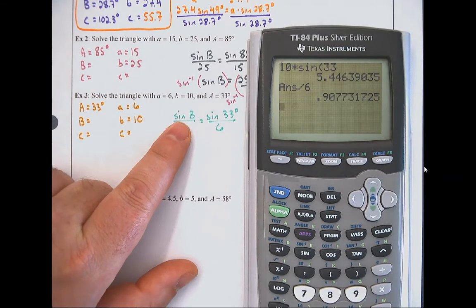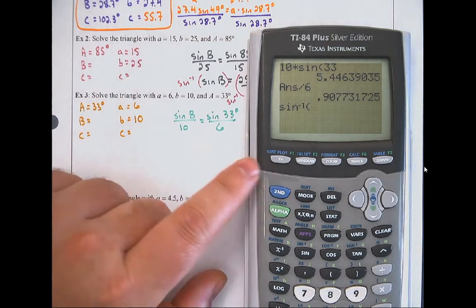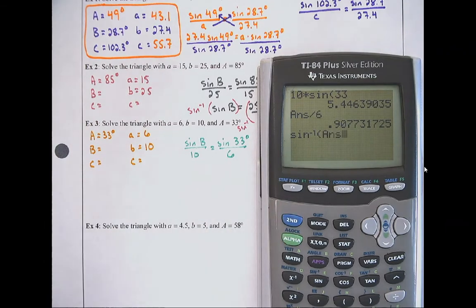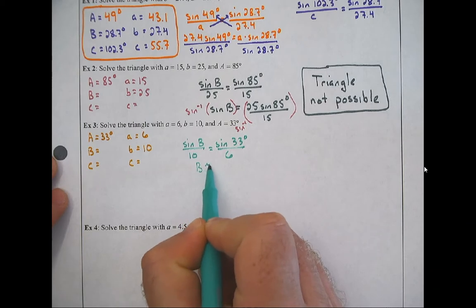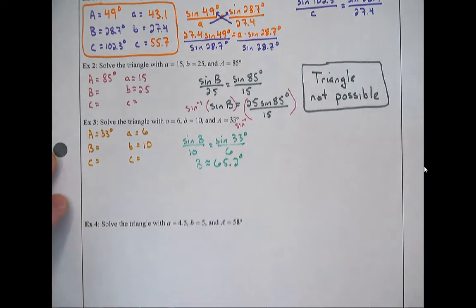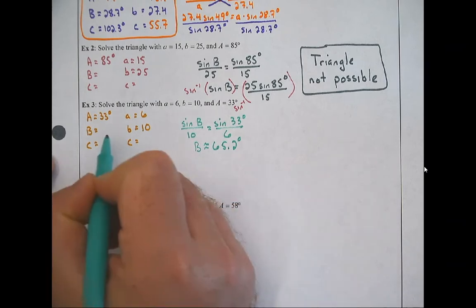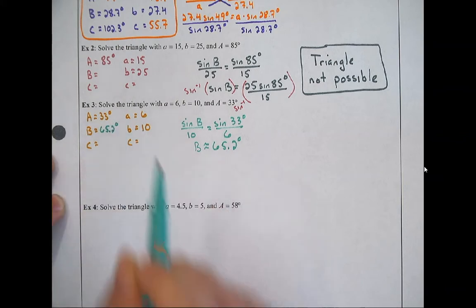Now I need to kill off sine by doing sine inverse. So sine inverse, and then remember the answer button. Second negative is the answer button. That takes your last answer and puts it in. So I'm sine inversing that result that I got last time, and I get, let's call it 65.2. So big B is approximately 65.2, and now this is an angle, so we want to make sure that we call that degrees, 65.2 degrees. So now I can go over here, and I can call this big B is 65.2 degrees.